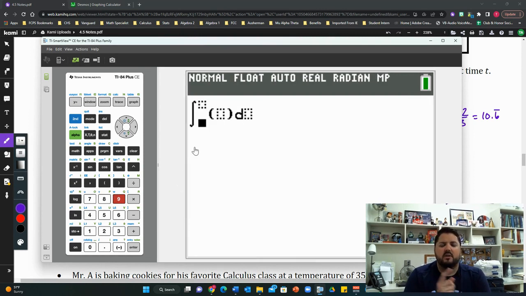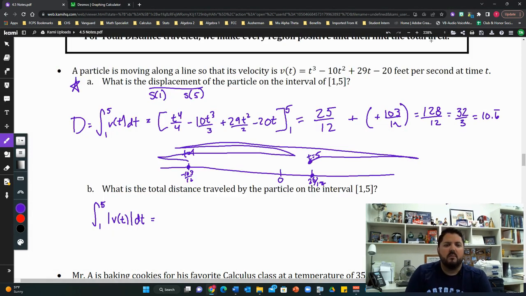Newer calculators, your screen will look like mine right now. Older calculators, it just opened up a parentheses for you, and you're going to tell it 4 things. Let me write this down for you. If you have an older calculator, your screen right now says fnInt, and then an open parentheses. You're going to tell it 4 things. What function is it that you want integrated?